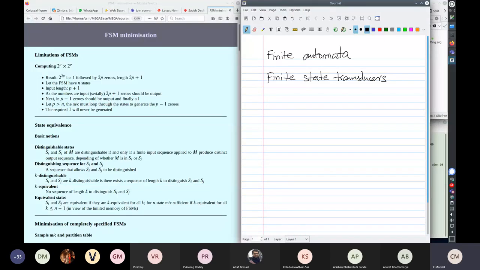Are you okay with that, first of all? Do you appreciate that what you have studied here so far are really finite state transducers, and what you have studied in your other course, Flat, are finite automata?